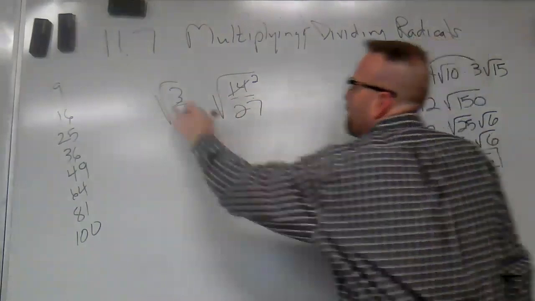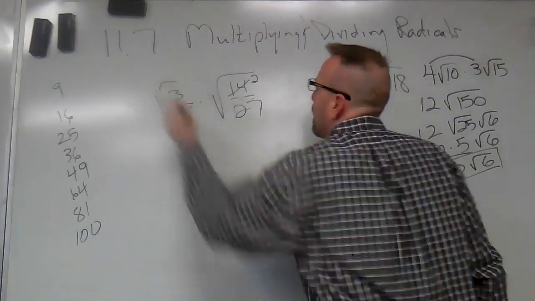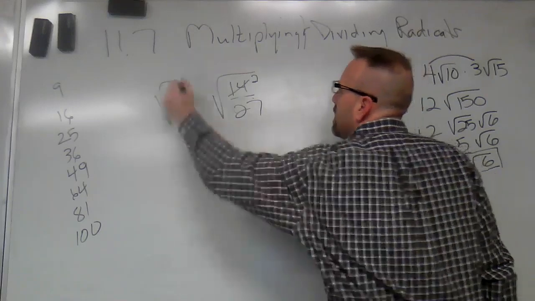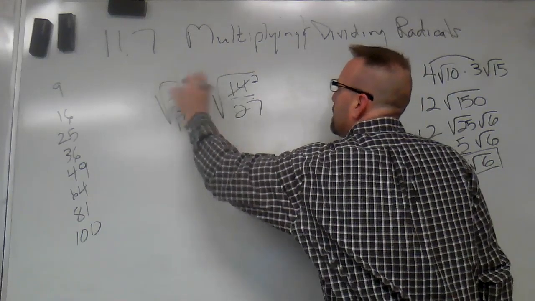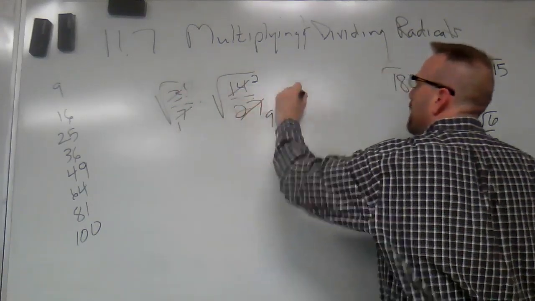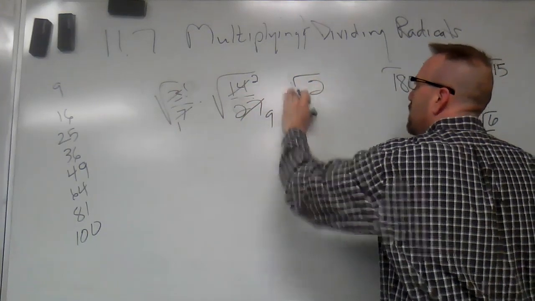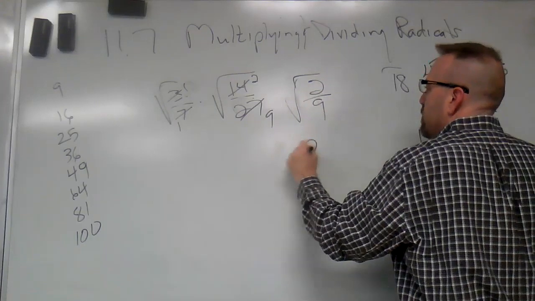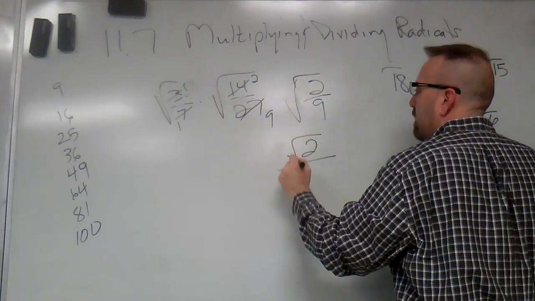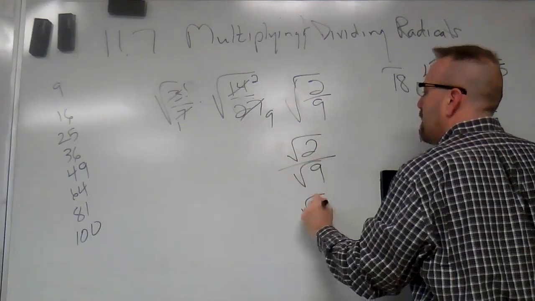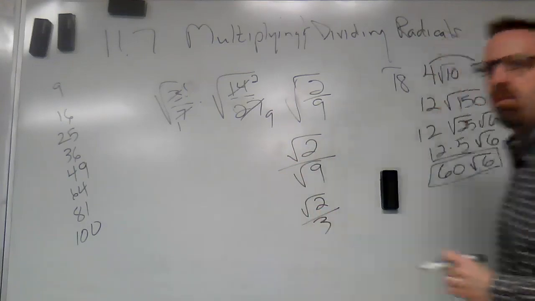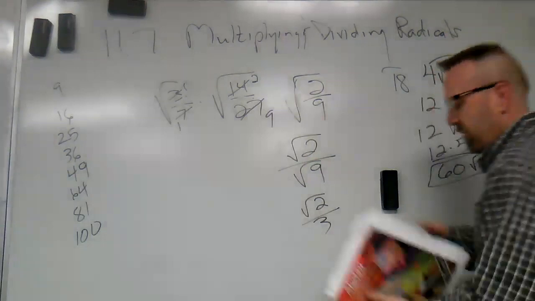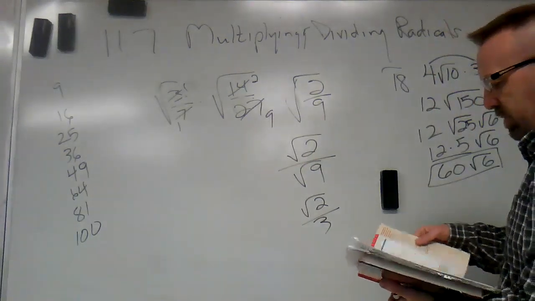So now, what could go into both 3 and 27? 3 goes in here 9 times, so we get 2 over 9. 2 does not simplify, but radical 9 would become 3. Okay. So basically on division ones, we want to simplify as much as possible from the start.